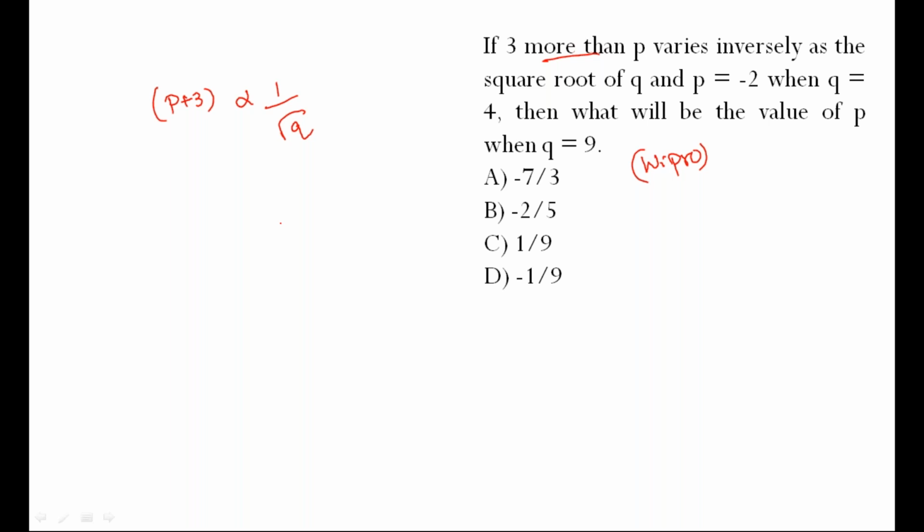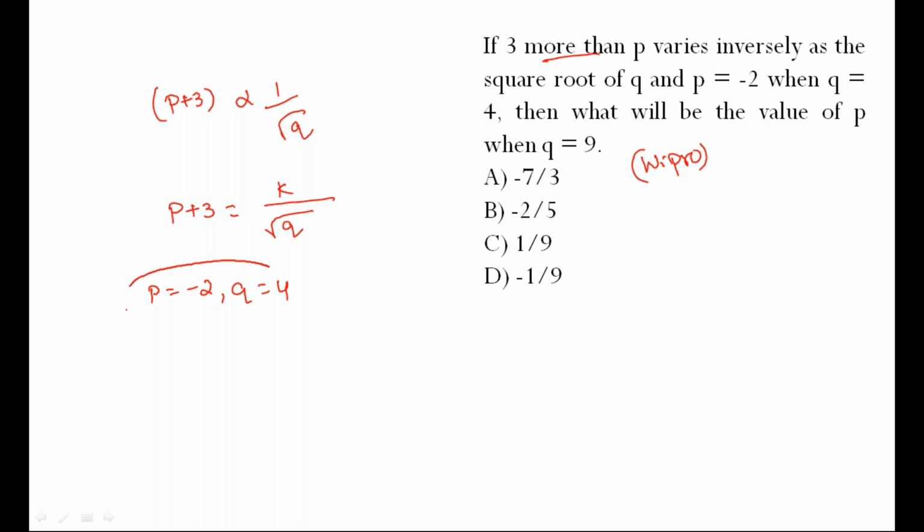Removing that proportionality, what I'll do, P plus 3 equal to K by root Q. To find the K value, they given P equal to minus 2 when Q equal to 4.